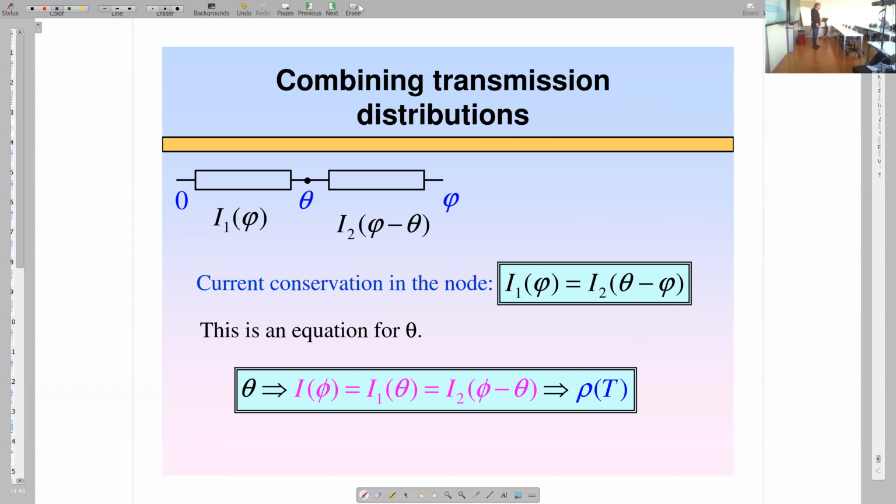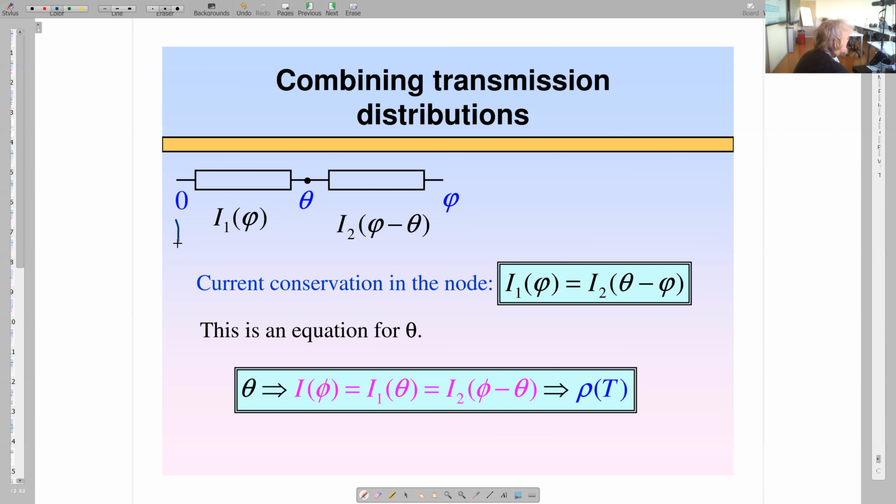So, using quantum circuit theory, we can compute this distribution for any possible design. Let me explain how to do it for two connectors. Good. So we have bias.